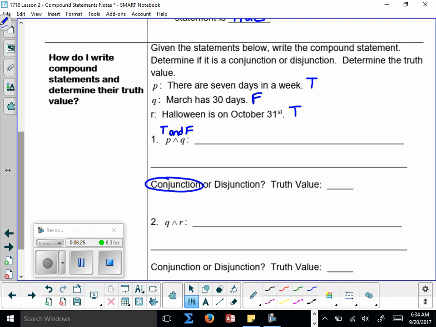Both true for and, so this truth value is going to be false. Let's write the statement: There are 7 days in a week, comma, and March has 30 days.